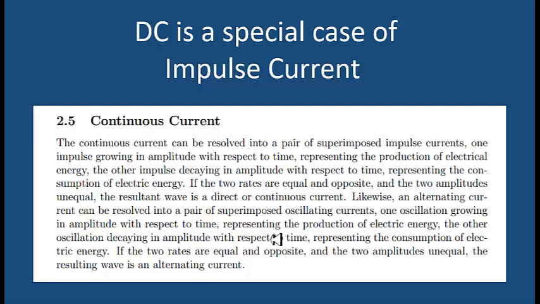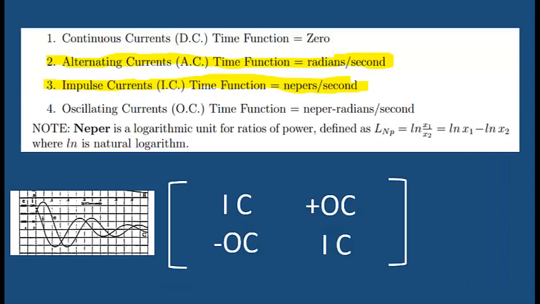So he is kind of creating an analogy between what he said about the impulse currents and what he says about the alternating currents, but this part here bothers me a little bit because it doesn't fit in. Basically he's saying that impulse current and oscillating current should go like this in my complex notation.